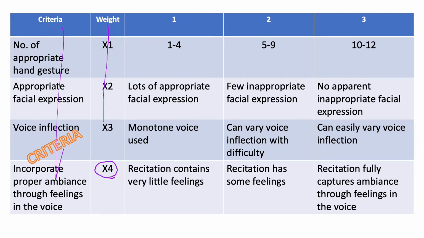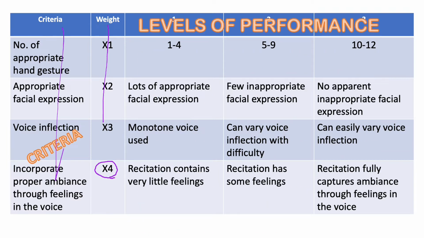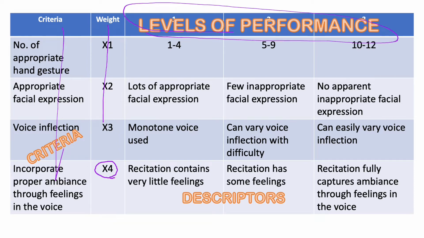So, students can receive 3, 6, or 9 times 4, right? Whichever is most appropriate for the students in the criterion. Okay. The recitation rubric contains what you call the descriptors. Also, this part here is the level of performance. Like 1, 2, 3.